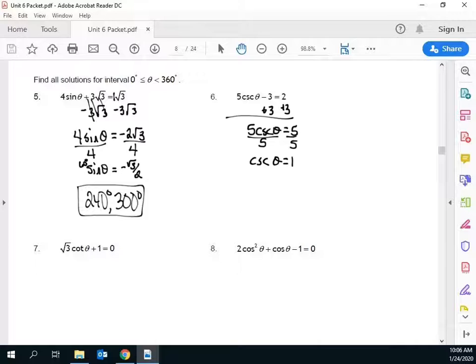Cosecant, which is the inverse of what, guys? 1 over? Flip it over. So cosecant of what angle equals 1, or sine of what angle equals 1?